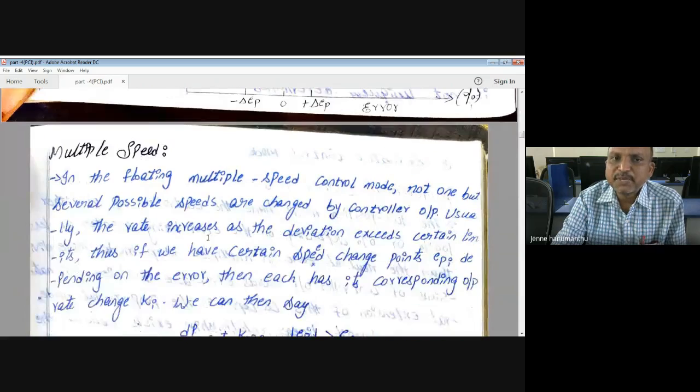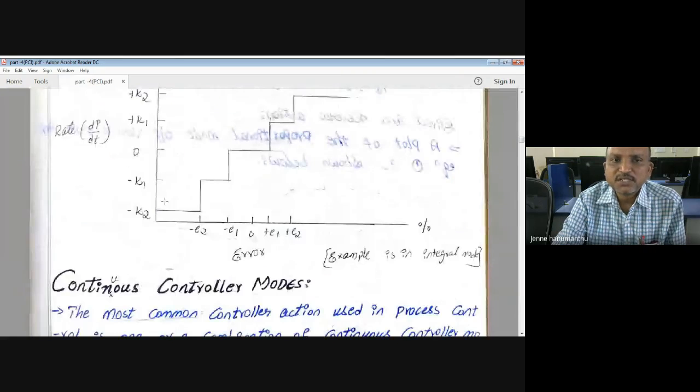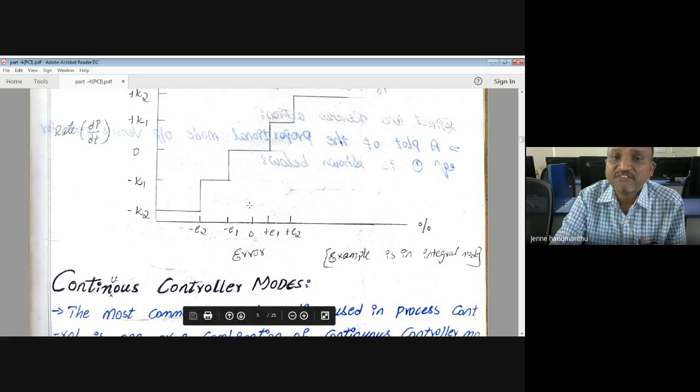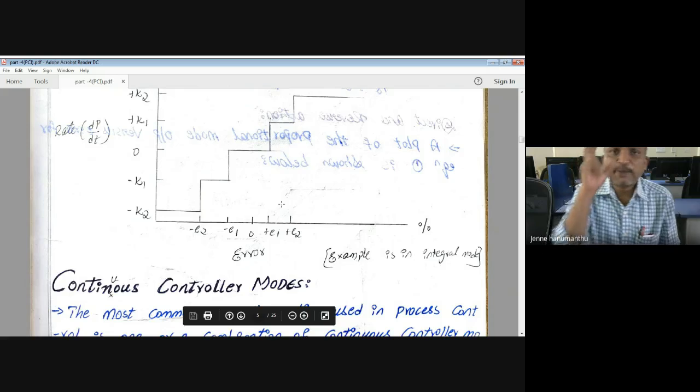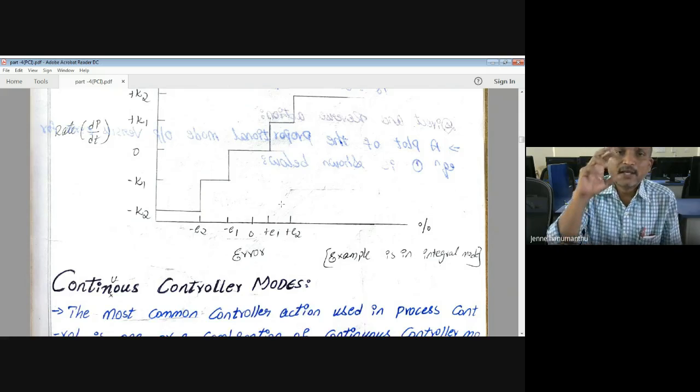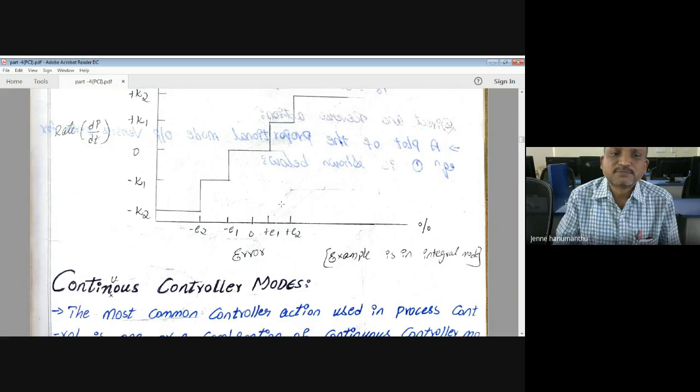In multiple speed, we have 0, minus K1, plus K1, minus K2, plus K2 for different ranges of errors which we apply to a controller. Based upon the error applied, the control action responds accordingly.